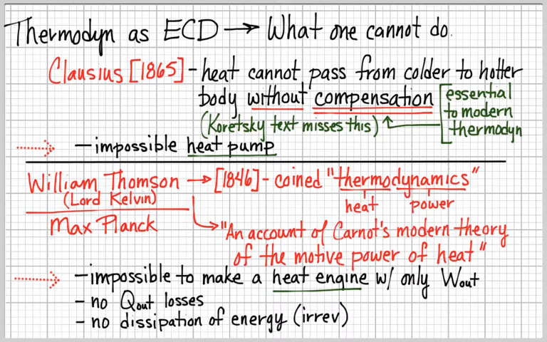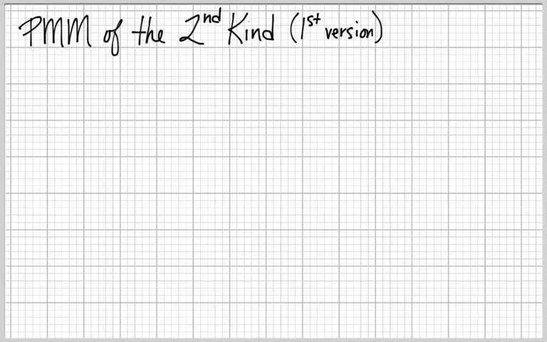To have a heat engine that only produces 100% work, that's an impossible heat engine. All right? Let's take a look at how that looks when we do some analysis. We would call these two ideas perpetual motion machines of the second kind, PMM.